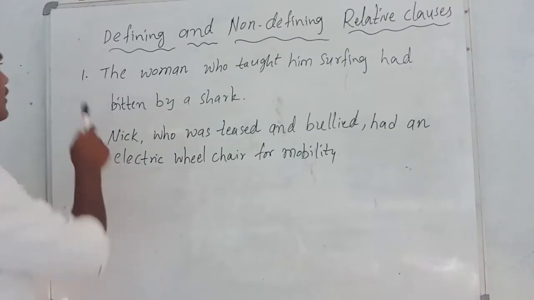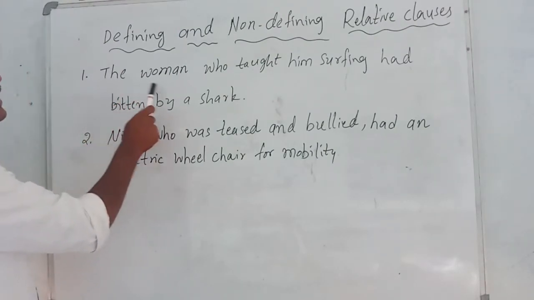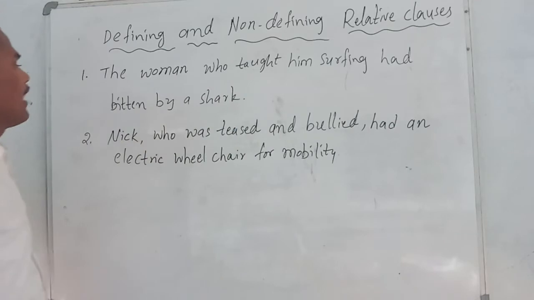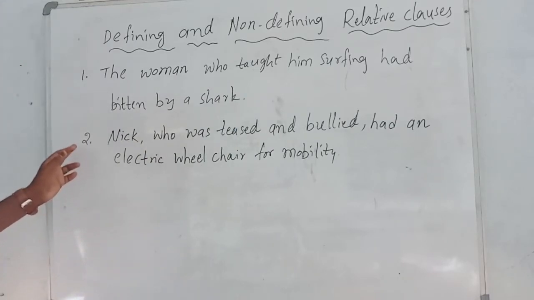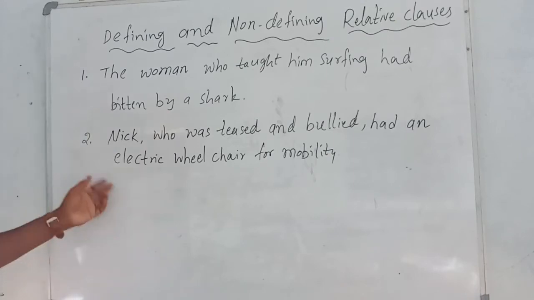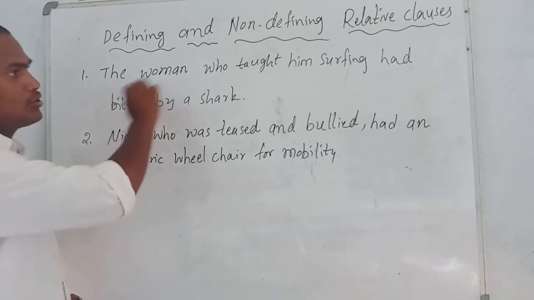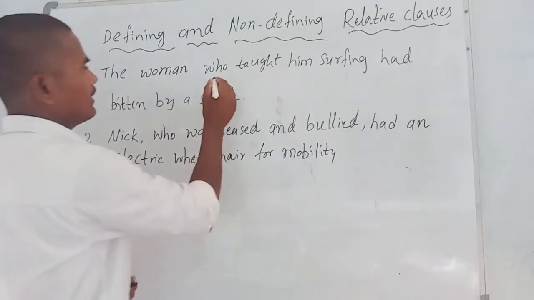Let me read this. First one: the woman who taught him surfing had been beaten by a shark. And second one: Nick, who was teased and bullied, had an electric wheelchair for his mobility. Basically, in these two lines, something is underlined.